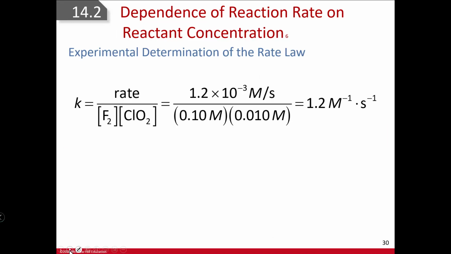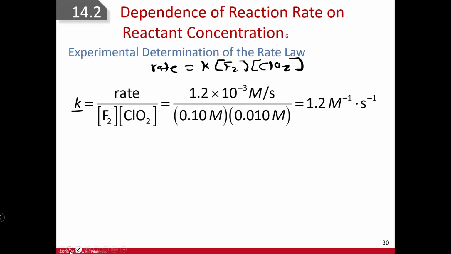All right, so then how do I determine the rate constant for this reaction? If I manipulate the rate law to solve for K, let's just rewrite that up here. If I have rate equals K, first order with respect to the fluorine, first order with respect to the chlorine dioxide. There's my rate law.